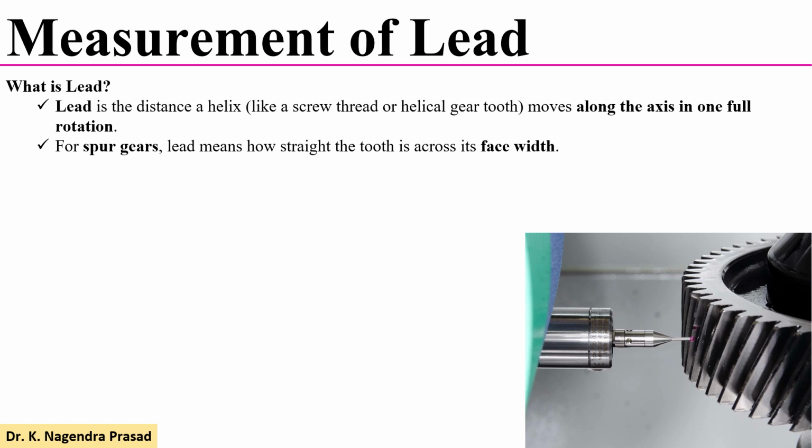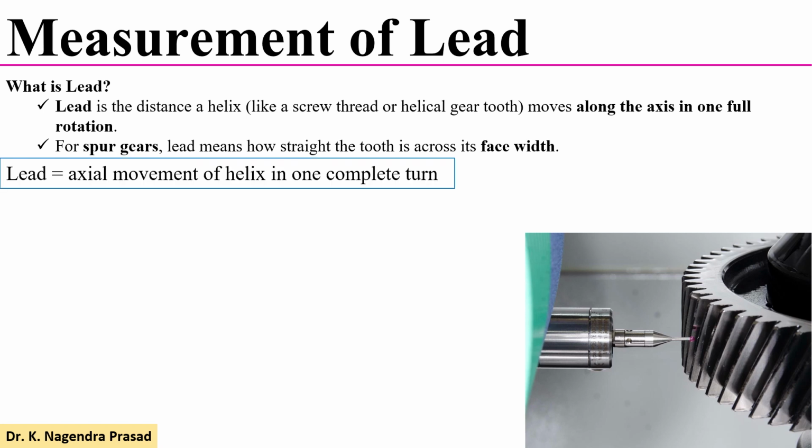First, let's see what the lead is. Lead is the distance a helix moves along the axis in one full rotation. For spur gears, lead means how straight the tooth is across its face width.